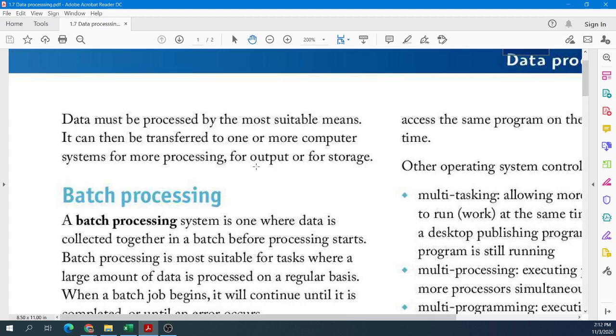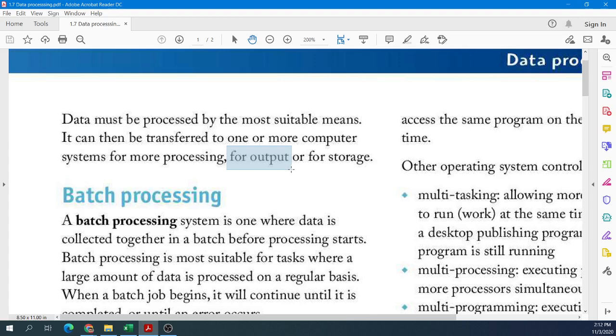And when you process that data, there are different ways you can use it. One, you can transfer that data to maybe another computer so that the new data can be processed, or that data that was just processed, you can output it in some form.